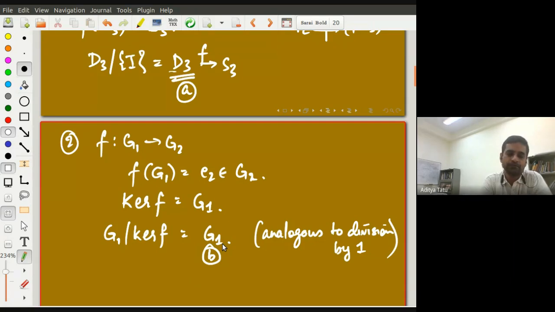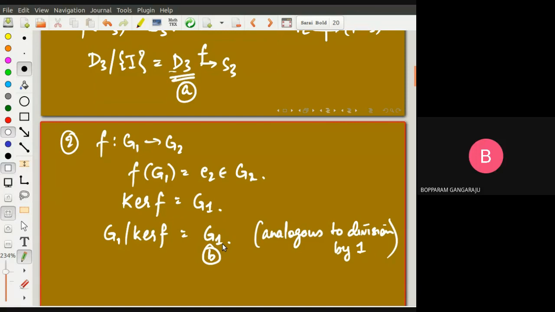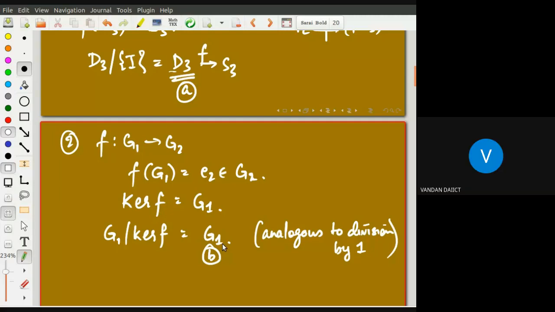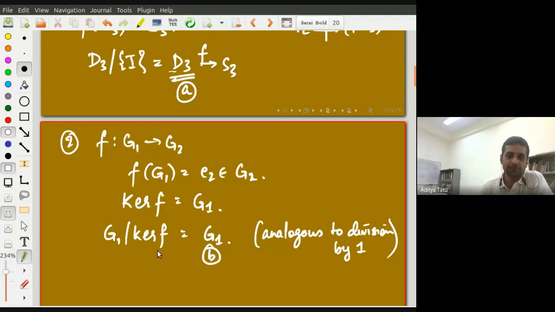What is the remainder? 0. 0 only, right? Yes. See, sir, what are you doing when you're taking quotient groups? All equivalent elements, you're considering as only one element, isn't it? Yes, sir. So in the second example, how many different equivalent elements are there?